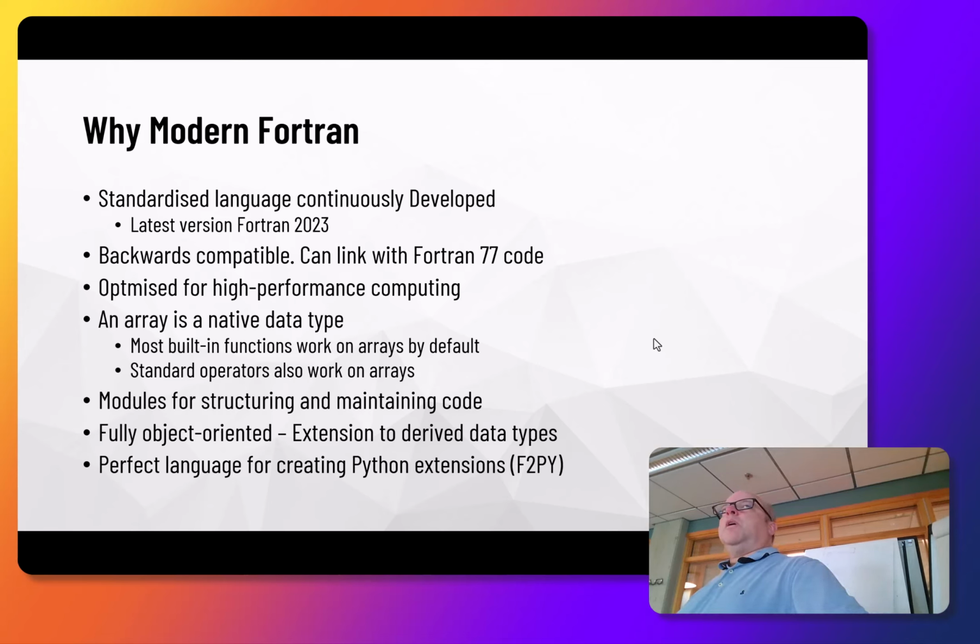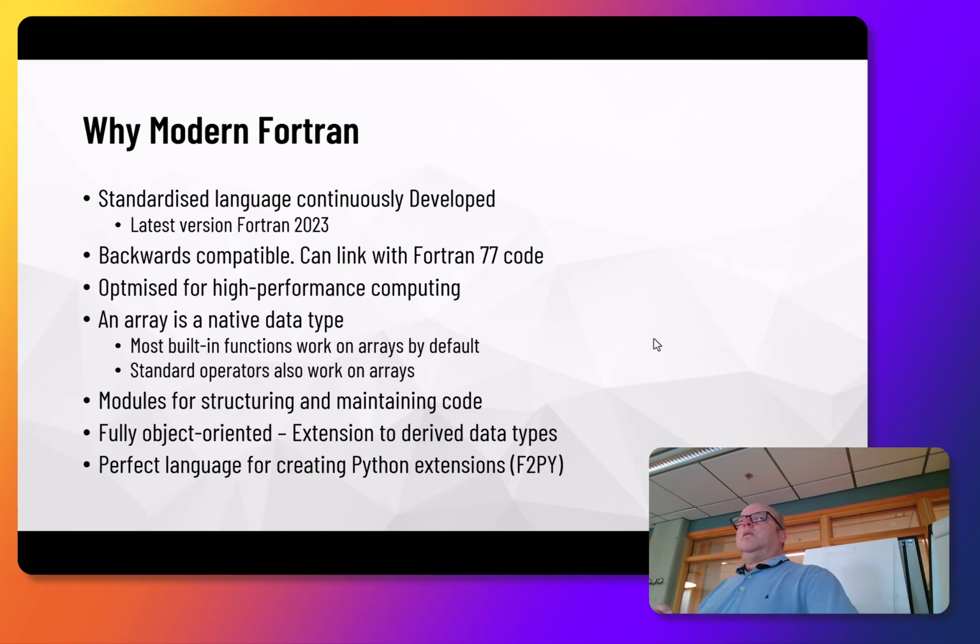It's also optimized for high performance computing, so there are a lot of structures in Fortran for working with arrays, which are built into the language. If you compare to, for example, C and C++, array is a native data type in Fortran. You say perhaps C also has a native array, but it's only a one-dimensional array.